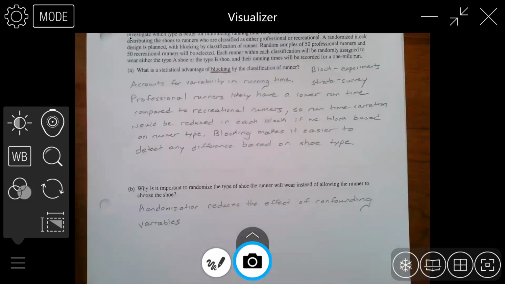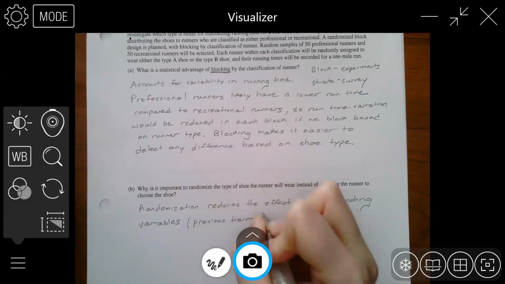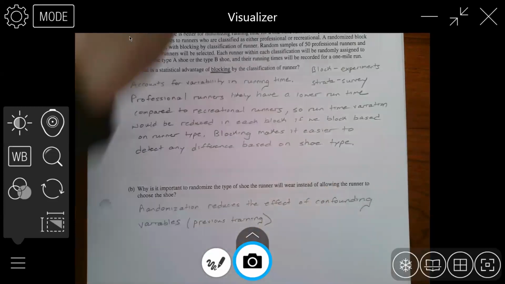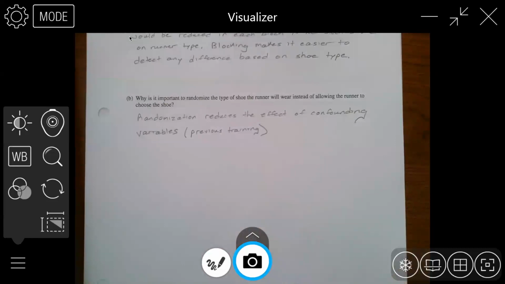So you could say something like previous training, as an example. You could do stamina or something. You could even get creative and do something like lung capacity, stamina, who knows what. As long as it makes sense, that's fine, okay? But there's our real life context there.